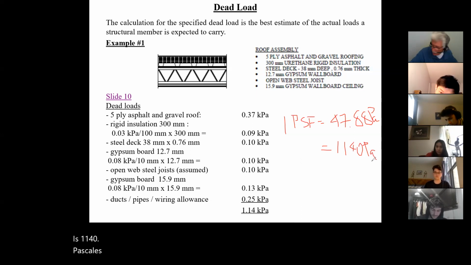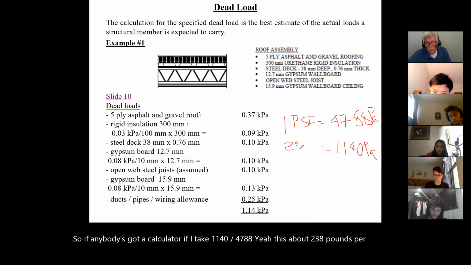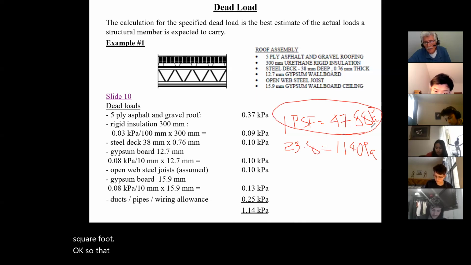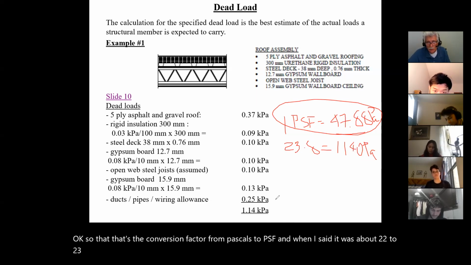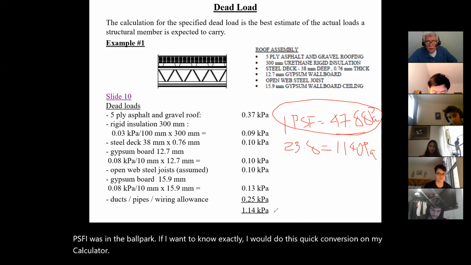If anybody's got a calculator, if I take 1,140 divided by 47.88, this is about 23.8 pounds per square foot. Okay, so that's the conversion factor from pascals to PSF. And when I said it was about 22 to 23 PSF, I was in the ballpark. If I want to know exactly, I would do this quick conversion on my calculator. So that's how you convert.